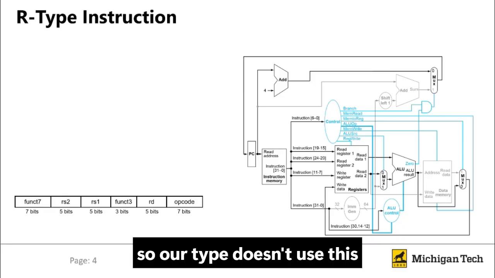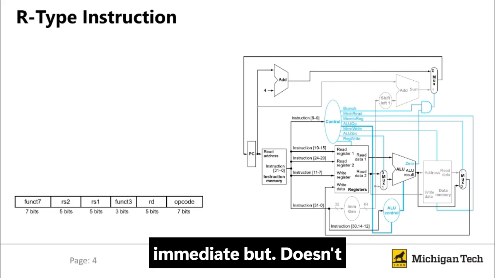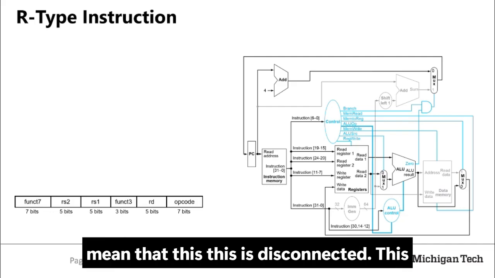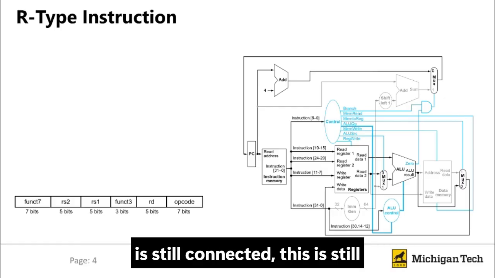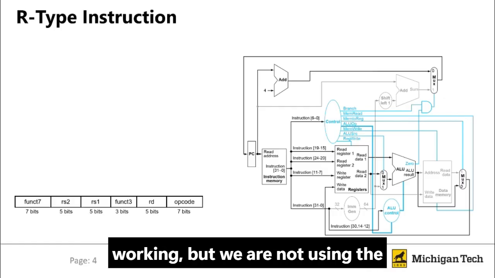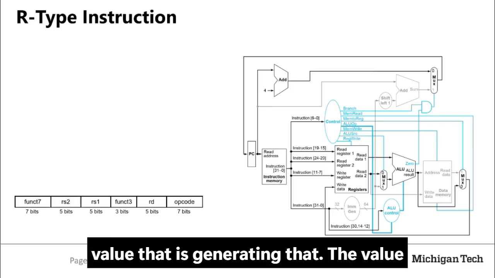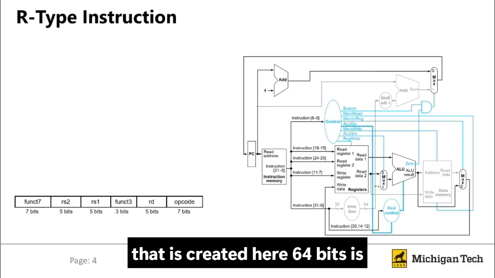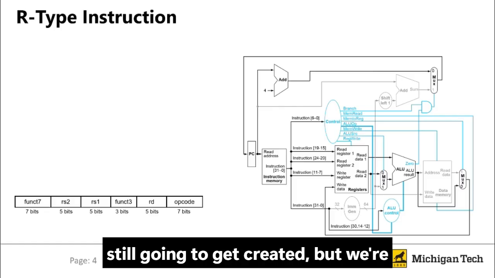So R-type doesn't use this immediate, but that doesn't mean it is disconnected. This is still connected and still working, but we are not using the value it is generating. The 64-bit value that is created here is still going to get created, but we do not use it.